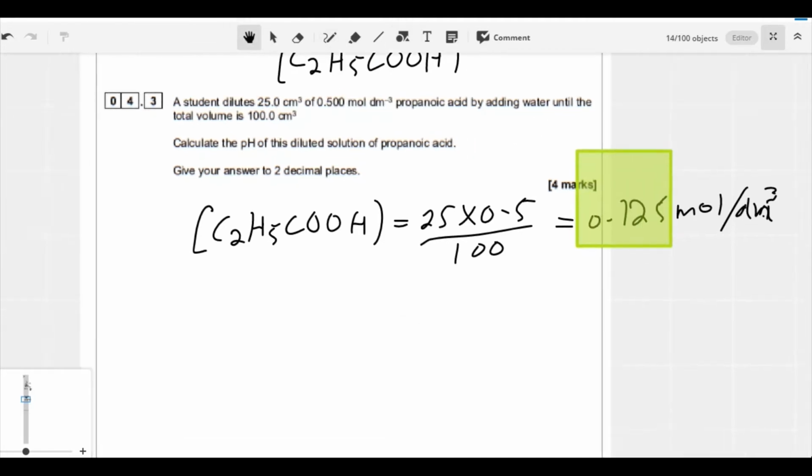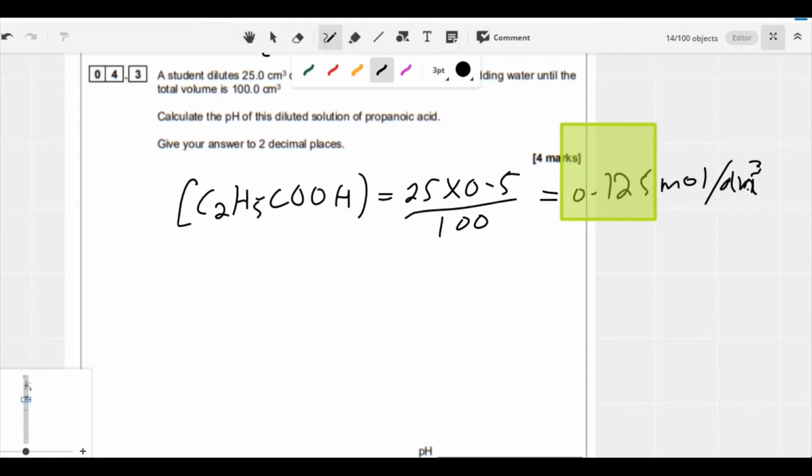Now the next one. As you know, pH is equal to negative log of hydrogen ion concentration. So we need to find the hydrogen ion concentration first.